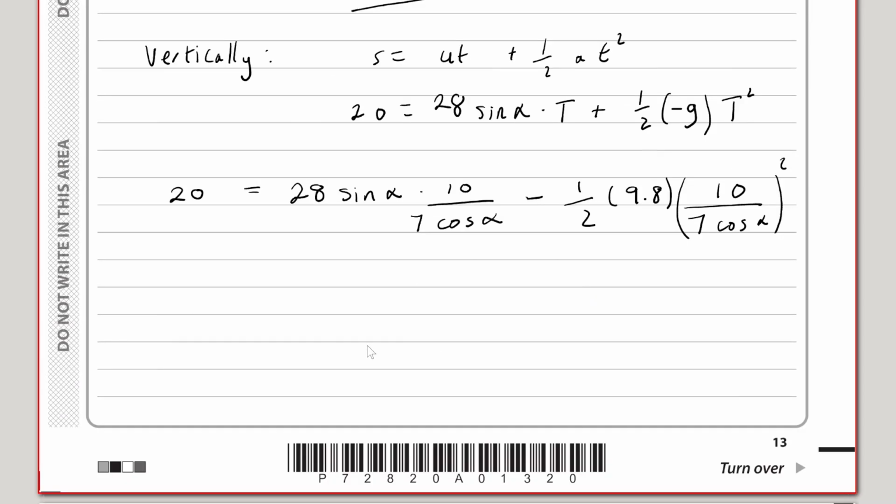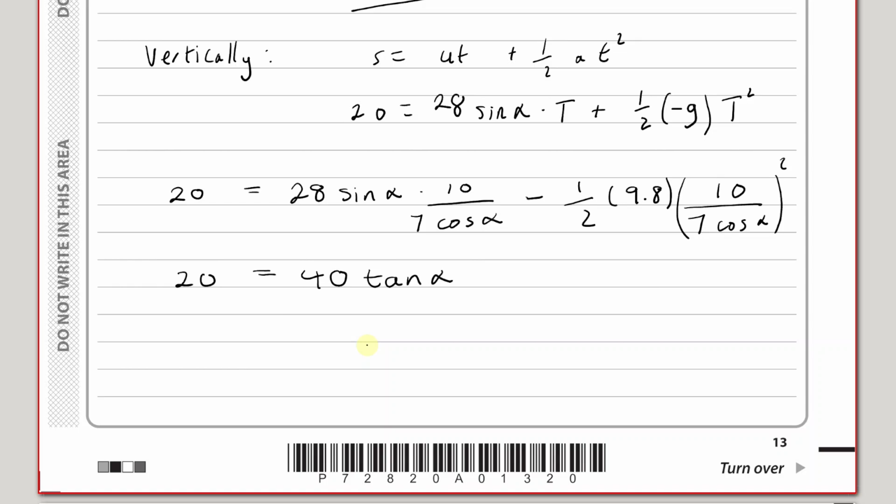So we're just going to simplify here. So we've got 20 equals, so 28 over 7 is 4 times 10 is 40. Sine alpha over cos alpha is tan alpha.